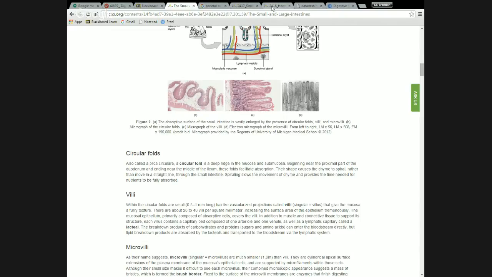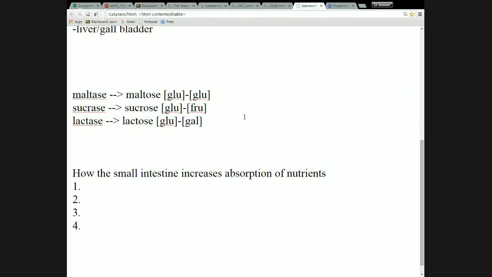And those are 3 of the 4 things that I'm talking about. But those are actually the 2nd, 3rd, and 4th. And I'll explain how they work in a second. The thing that's sort of first in this list is the length of the small intestine.